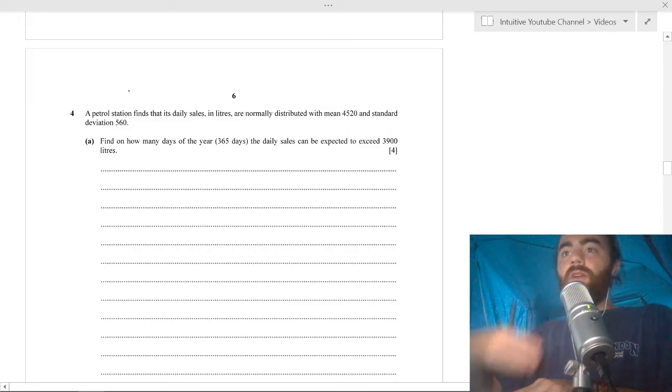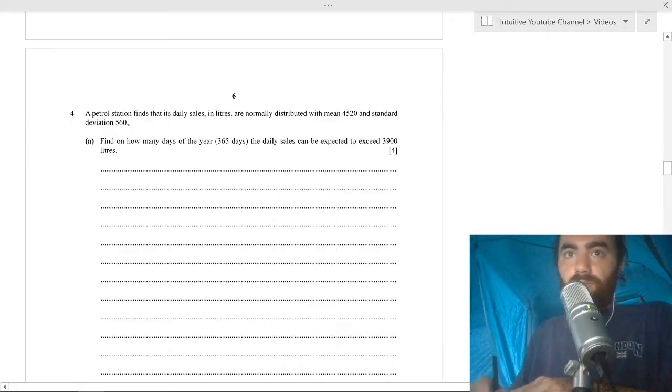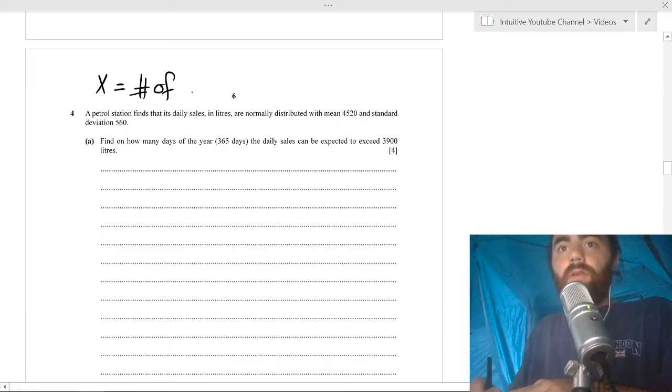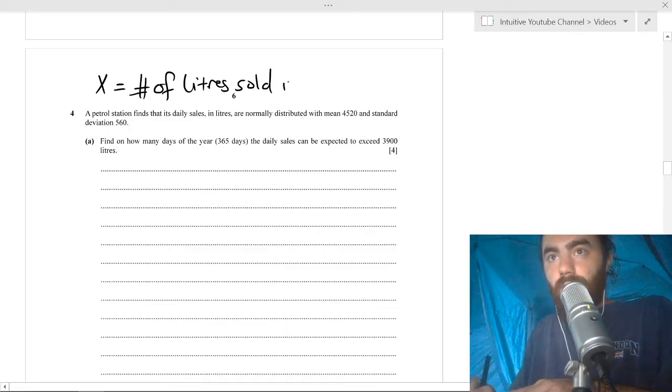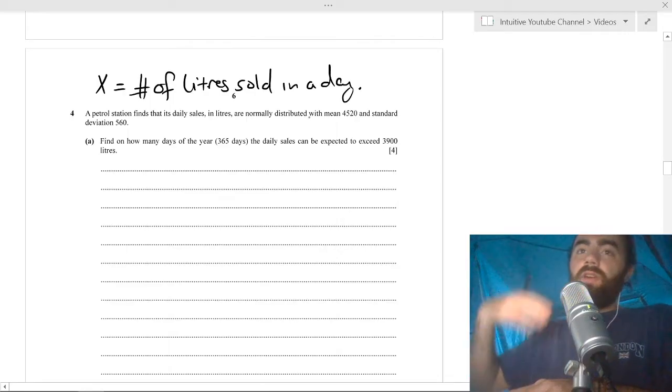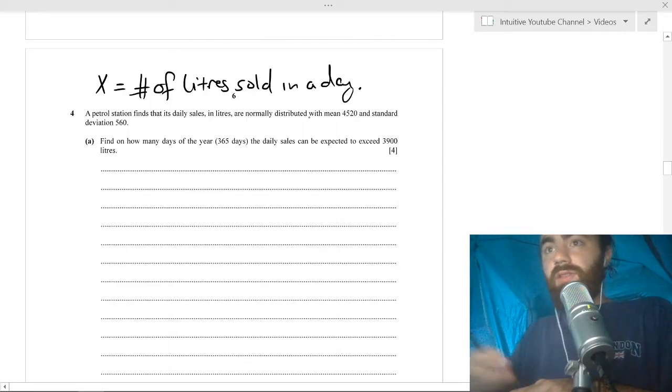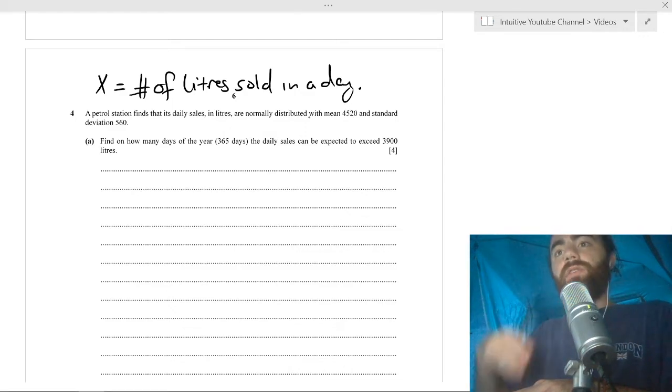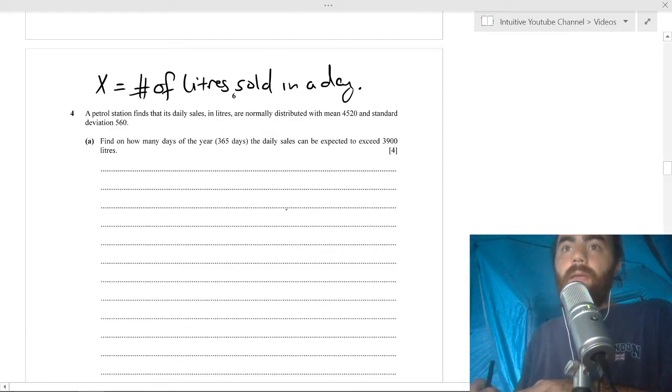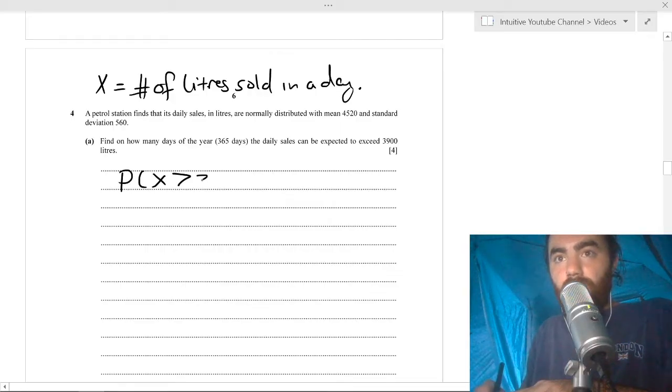So we have to find the probability that on any random day, with x being the number of litres sold in a day, x is greater than 3,900, and then we can find the expected value by multiplying that by 365.